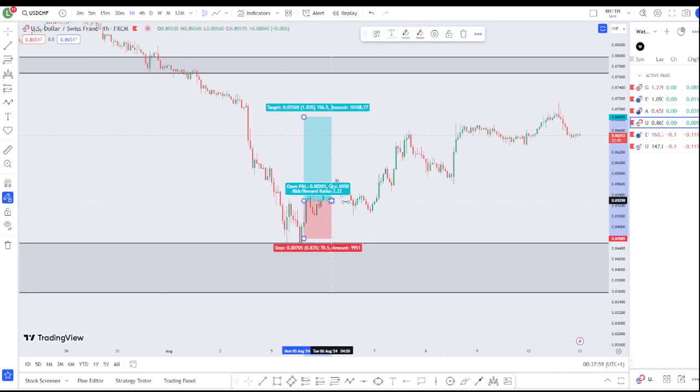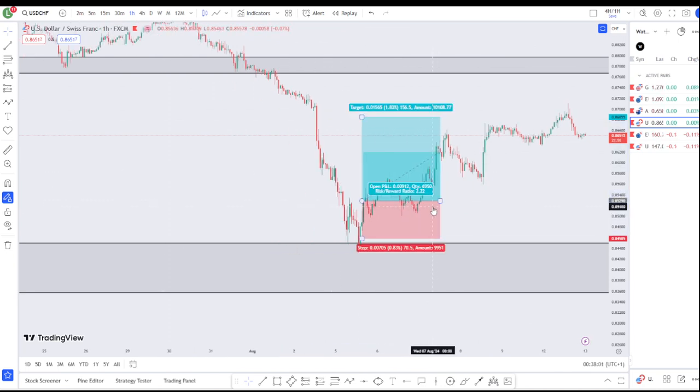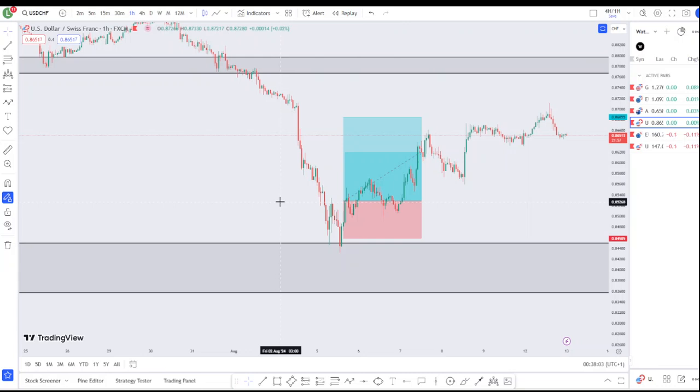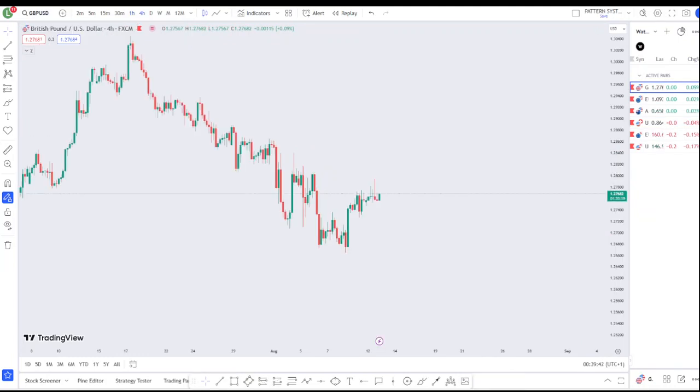All you have to do is to be able to figure out the market sentiment on the higher time frame and scale down to the lower time frame to execute without hesitation on your entry time frame. The second A plus setup I took in the market was on British pound against US dollar.